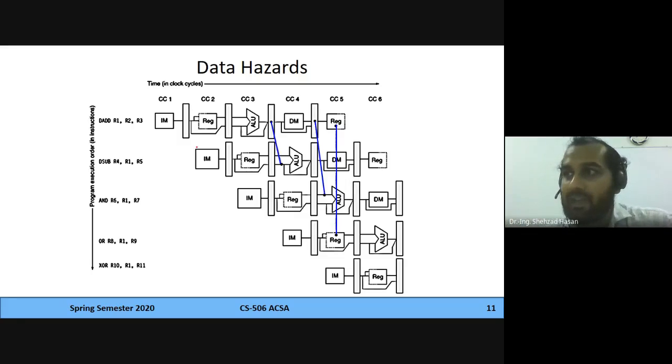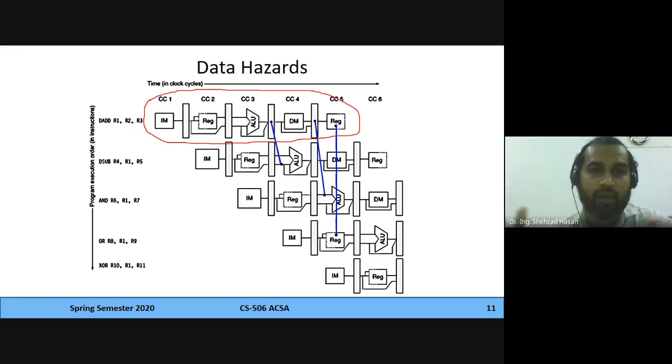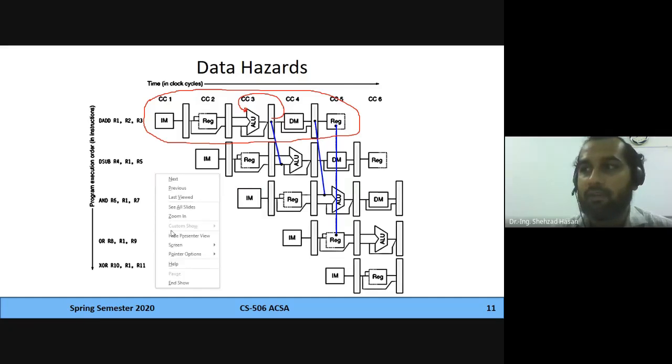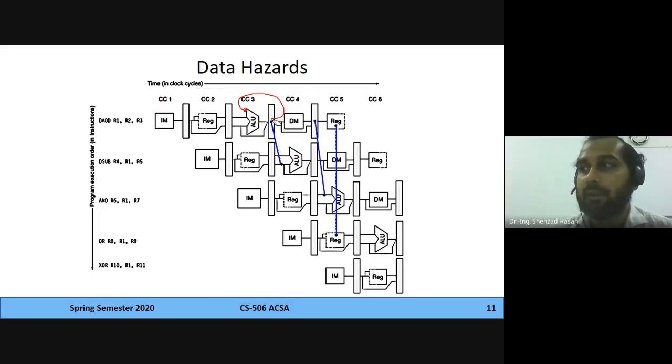What we actually have is only these five stages, drawn multiple times, but there is just one set of five units. So what we are talking about is getting the result from this pipeline register back to the ALU.